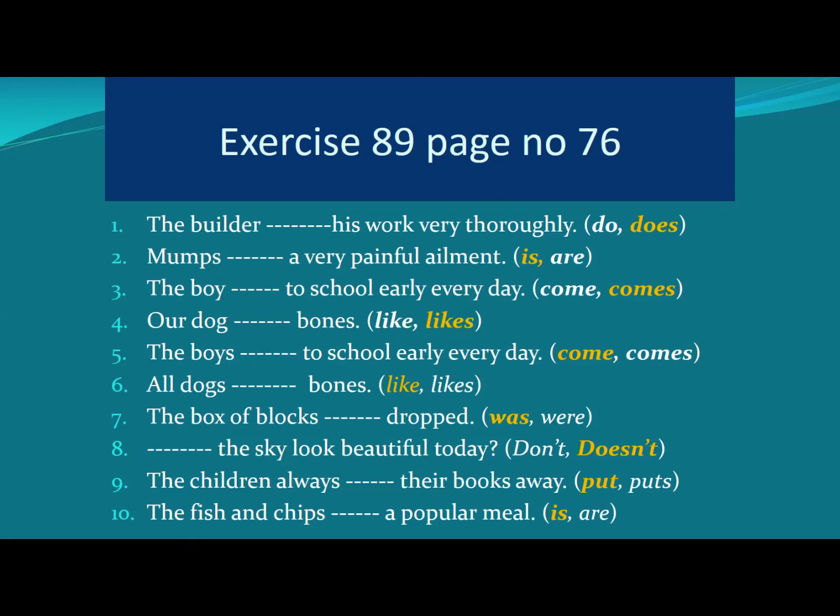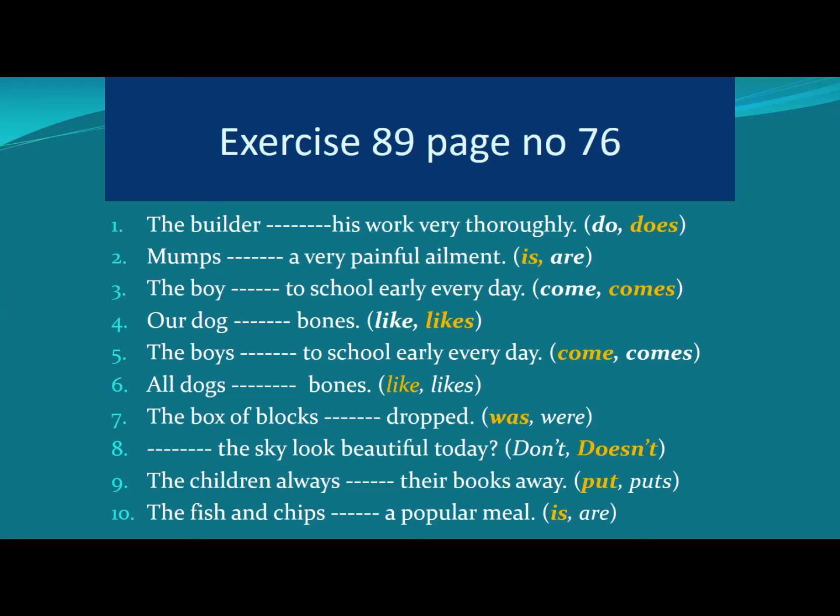Children, now it's time to do the exercise. This exercise is on page 76 and the number is 89. It has 20 sentences and we will practice 10 sentences here. The builder does his work very thoroughly.